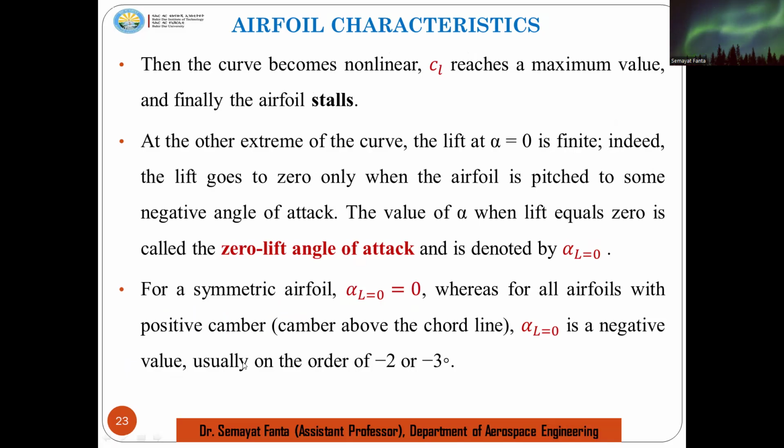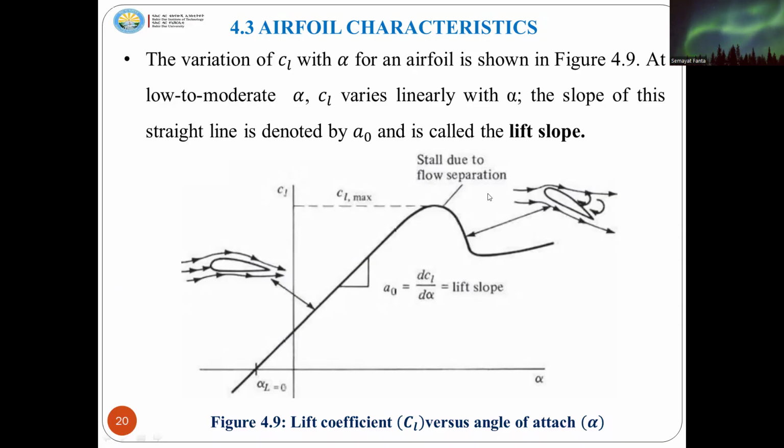At the other end, the curve becomes nonlinear, CL reaches the maximum value, and finally the airfoil stalls. At the other extreme of the curve, the lift at alpha equal to 0, that is CL0, is finite. The lift goes to 0 only when the aerofoil is pitched to some negative angle of attack. This diagram indicates the CL versus alpha graph for a cambered aerofoil. For a symmetric aerofoil, the CL versus alpha graph passes through the 0,0 coordinate.